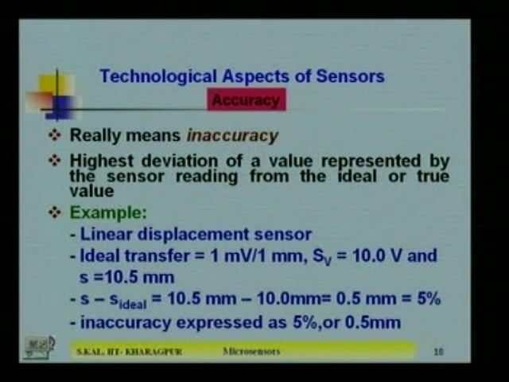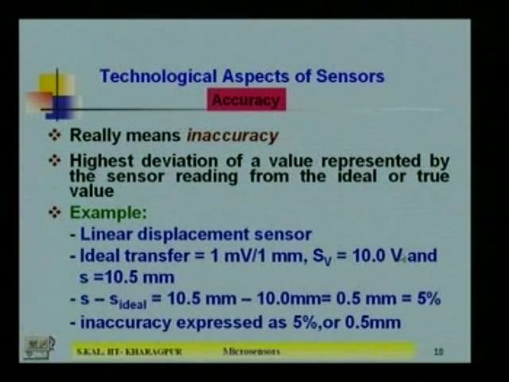Application of 1 millivolt gives a displacement of 1 millimeter. Now if you apply to a certain sensor an input voltage of 10 volt and your observed displacement is 10.5 millimeter, what is the difference between the observed and the ideal? Ideally you should get 10, but 10.5 minus 10 is 0.5 millimeter, which is the deviation.